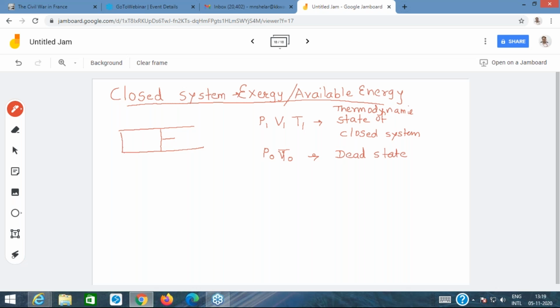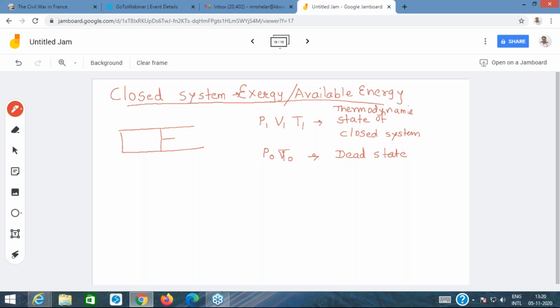This is the dead state, right? Now this is a closed system and we are interested in calculating the available energy of this closed system. Meaning, we are interested in estimating the maximum work potential of this closed system, right?